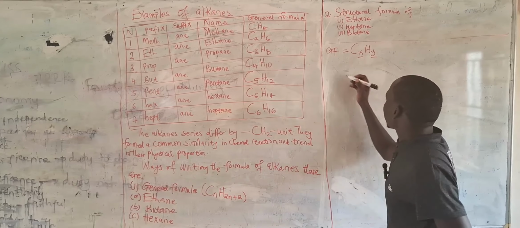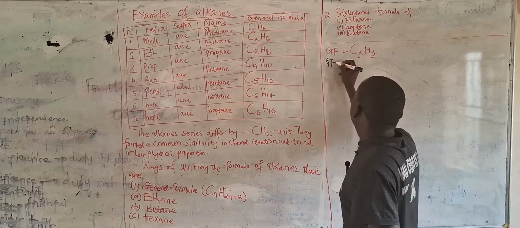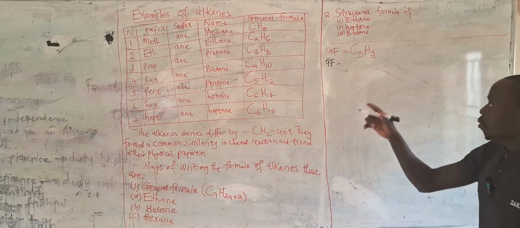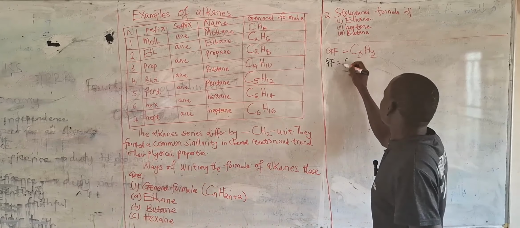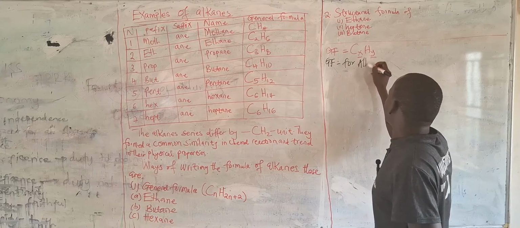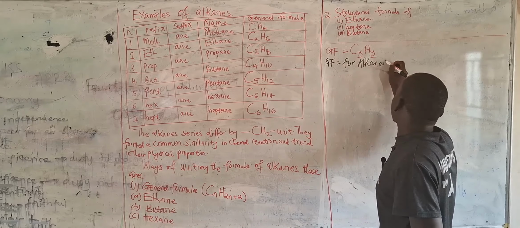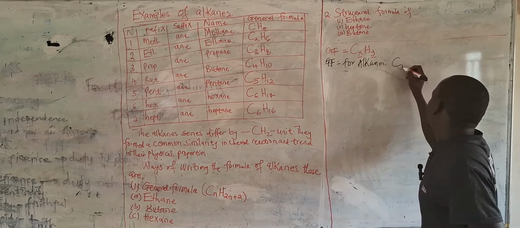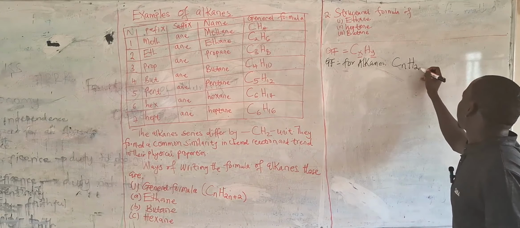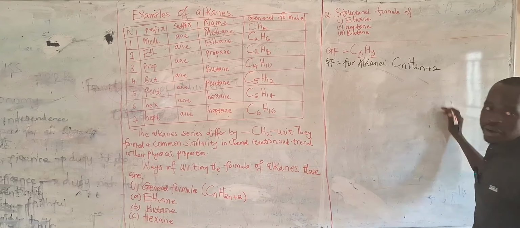The general formula for alkanes is given by CnH2n+2.